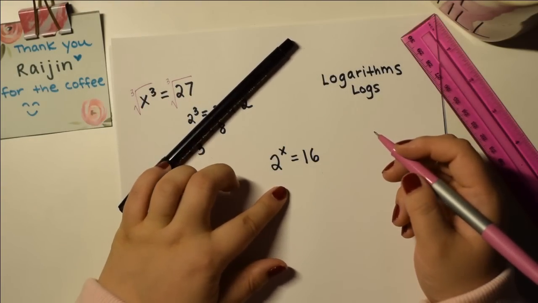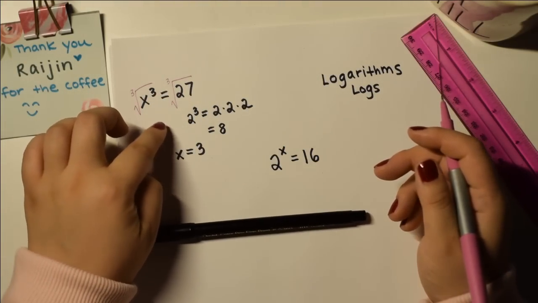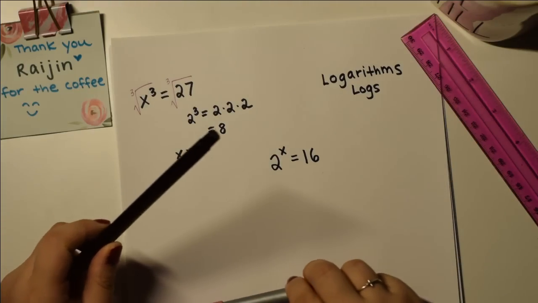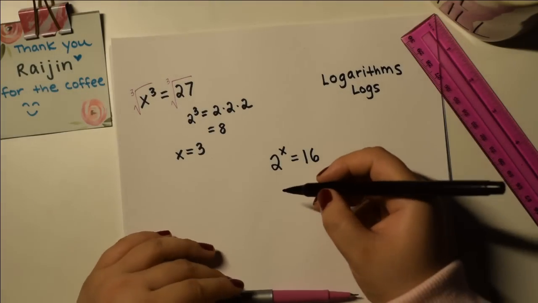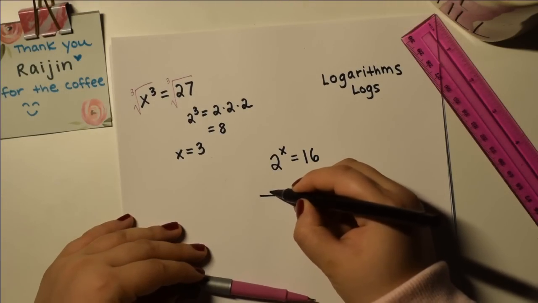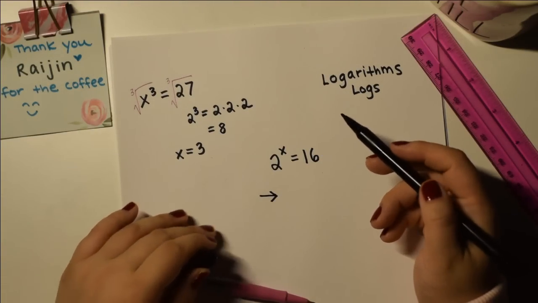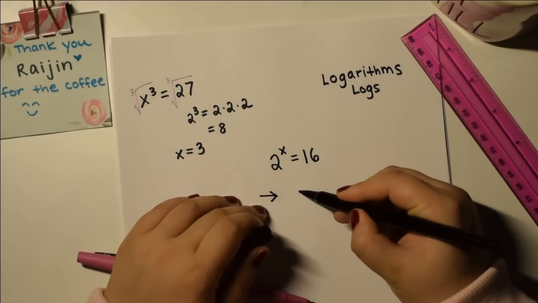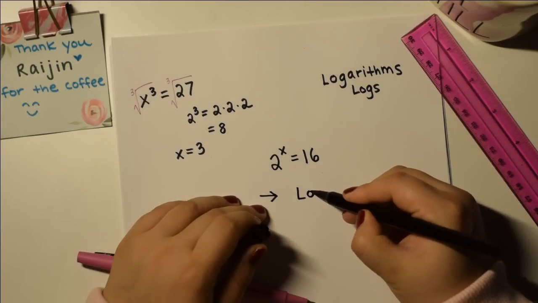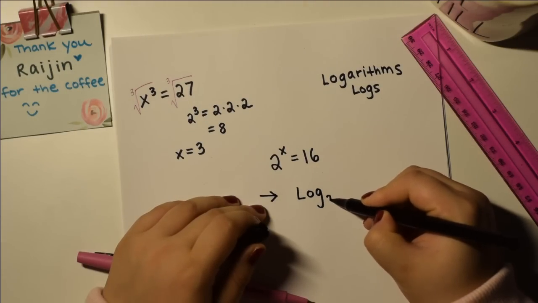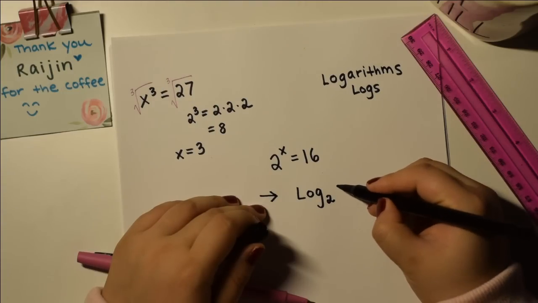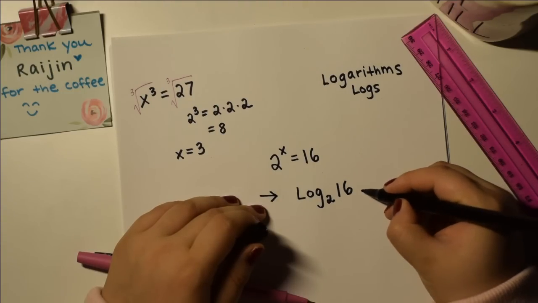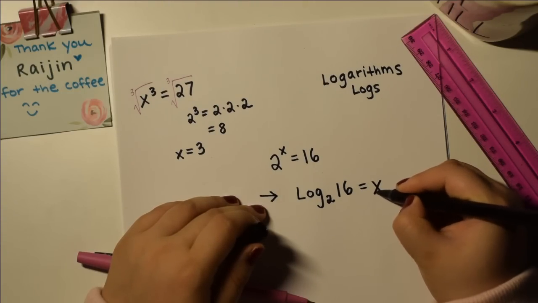We can do this the same way, but now we use the log function. The log function allows us to rewrite this statement in a different form. So I would write log base 2 of 16 equals x.